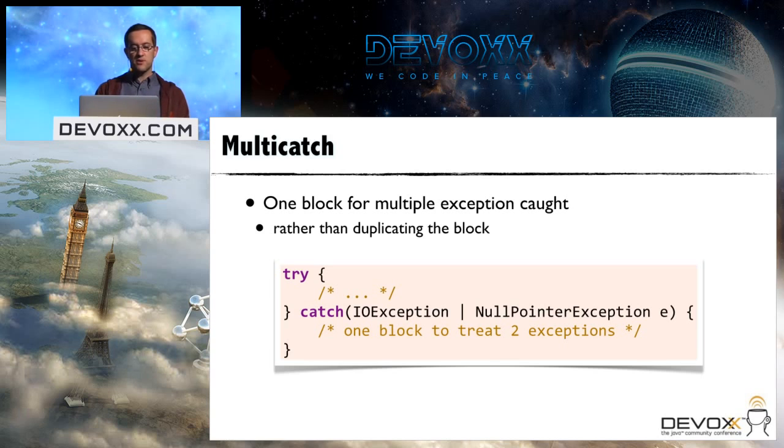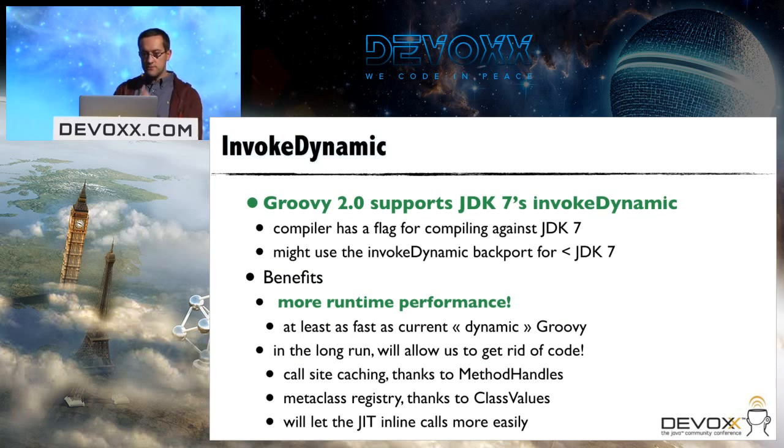There's nothing special there. And in Groovy 2.0, we introduced support for JDK 7's invokedynamic. That's a new bytecode instruction that you can use to speed up dynamic method invocations.